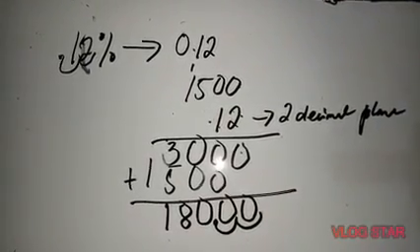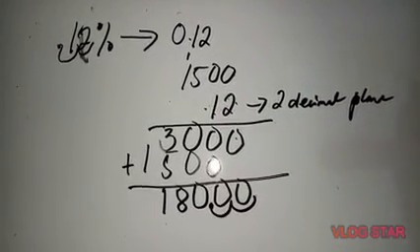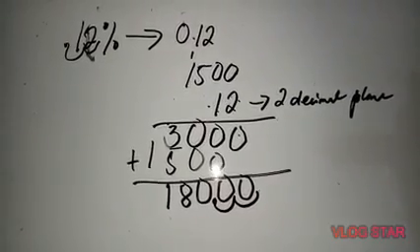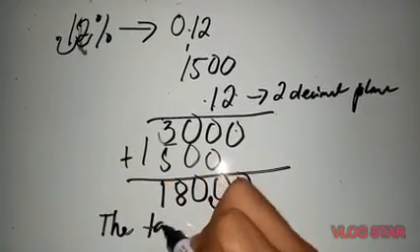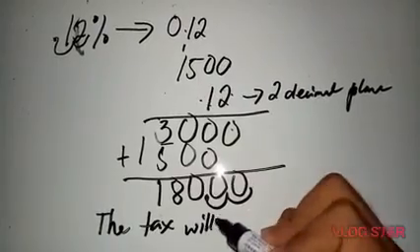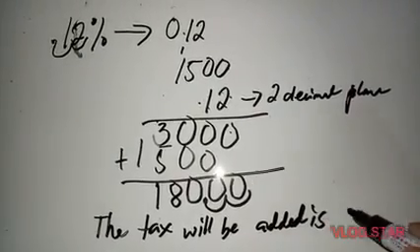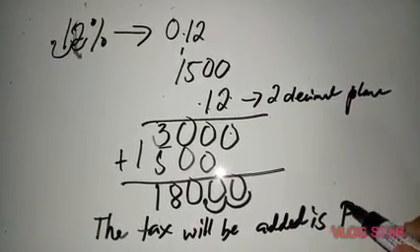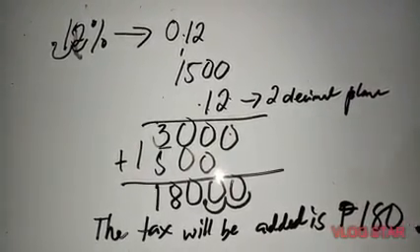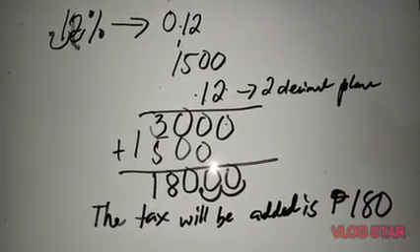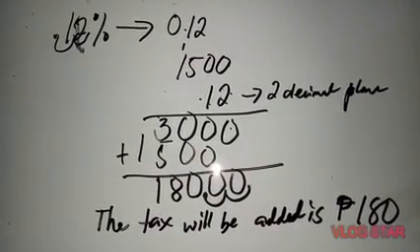So the 12% tax of 1,500 worth of groceries is 180 pesos, or the tax that will be added to 1,500 is 180 pesos.